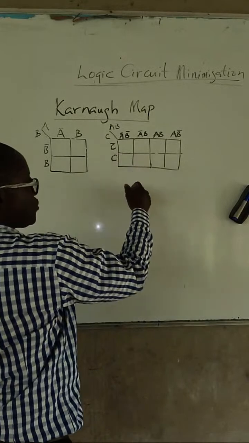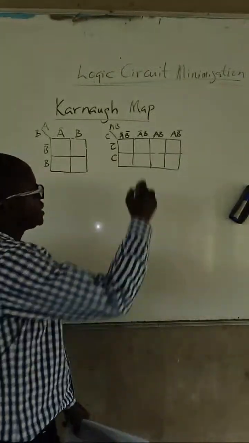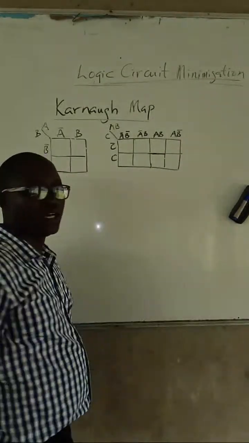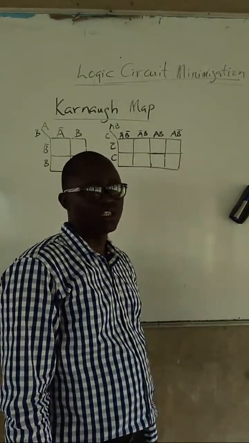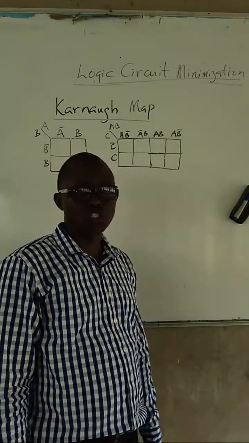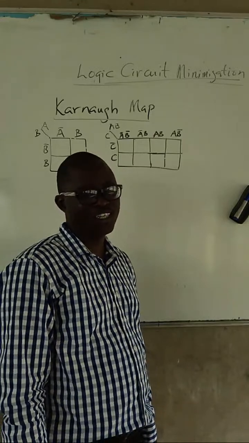So you're now going to look at the truth table where you have 1, then you map the 1 into the cells. Each of these boxes stands as a cell, and we map only ones. We don't map 0. The ones that we map are actually a result of the products, as a result of a sum of products.